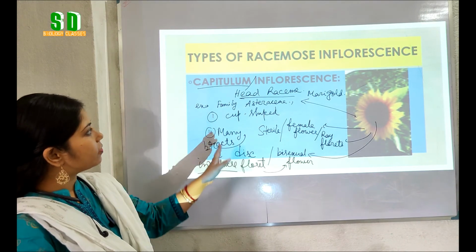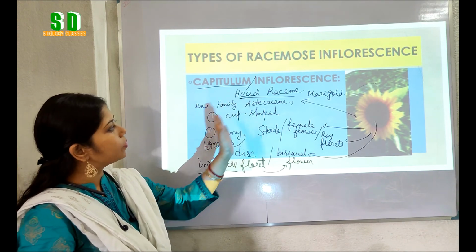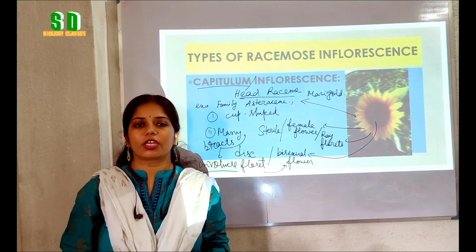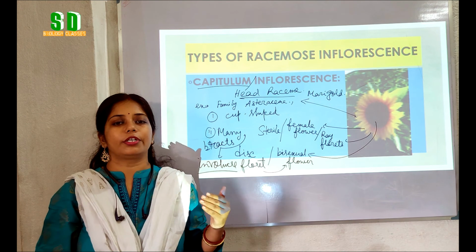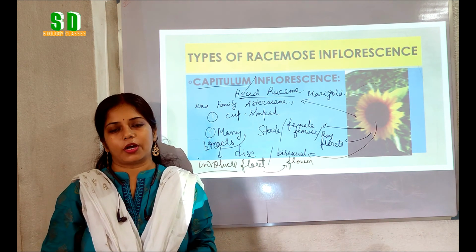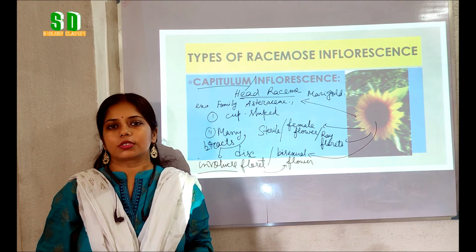So these are the features of the capitulum or head raceme inflorescence. So students, from here we have learned about all the different types of racemose inflorescence. In the next video we will learn about different types of cymose inflorescence.